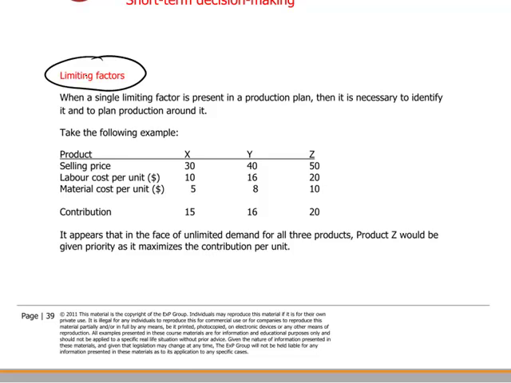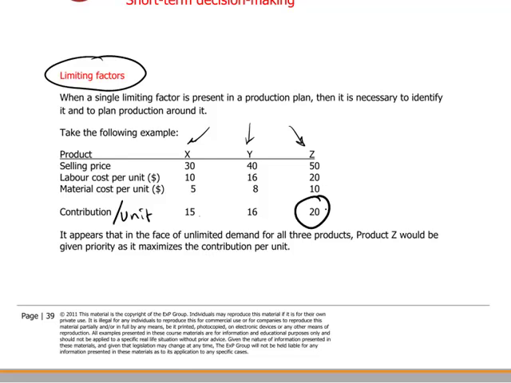You'll recall this following example here, which talks about 3 products in a company for which we can calculate contributions per unit on a unit basis. So contribution per unit, we can see $15, $16, and $20.